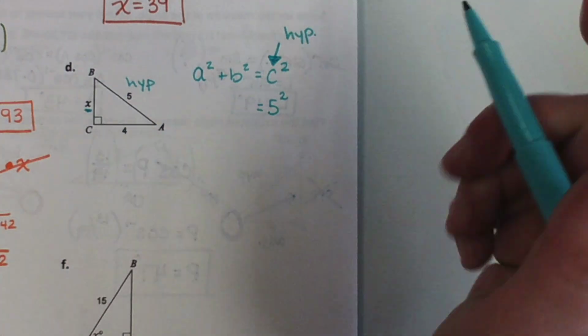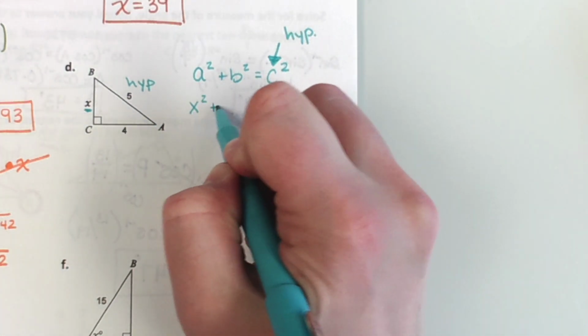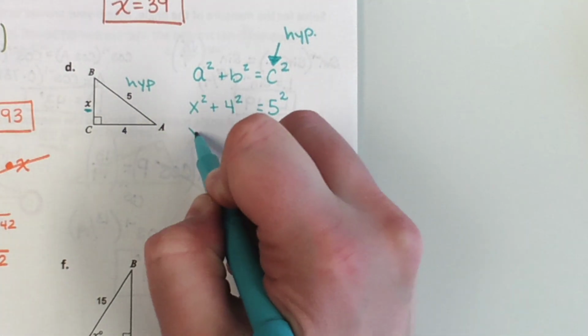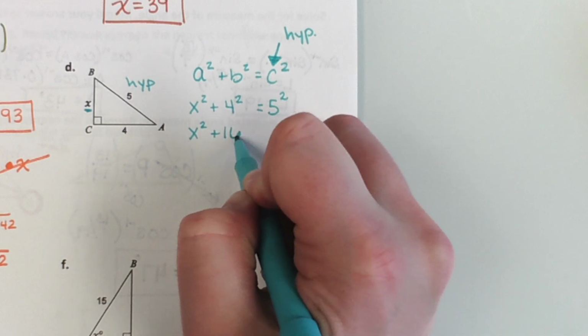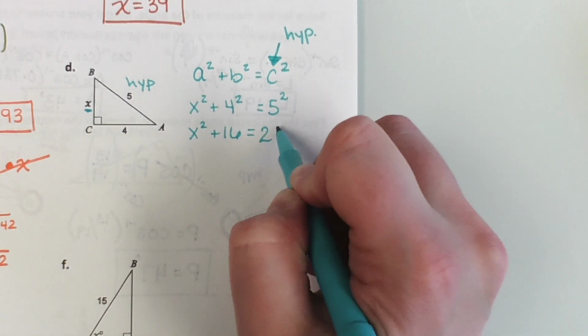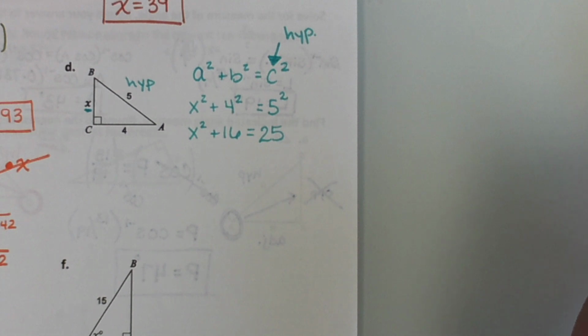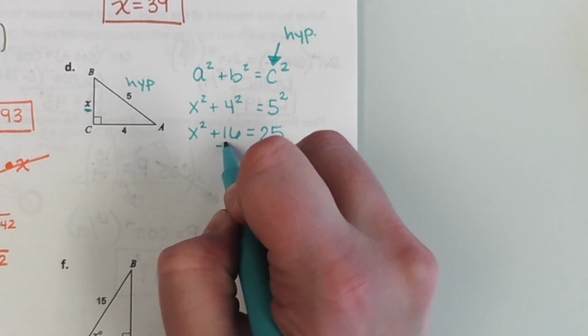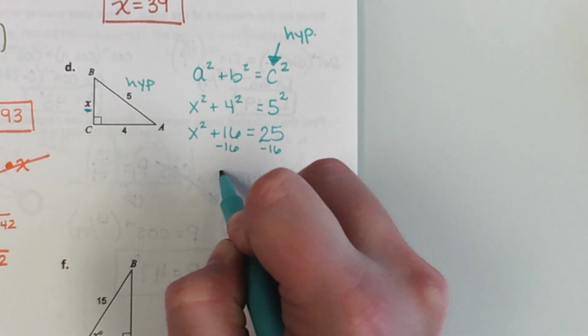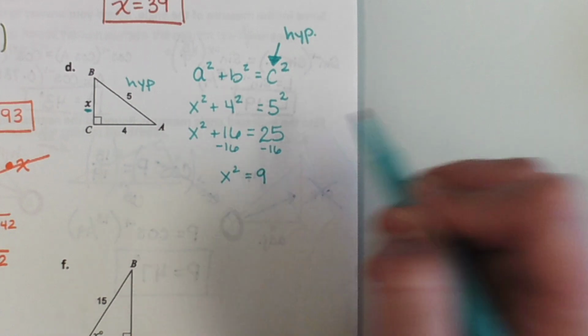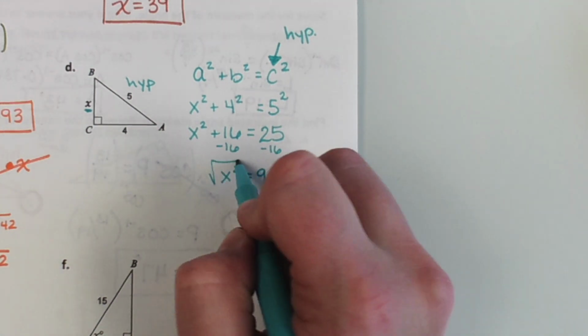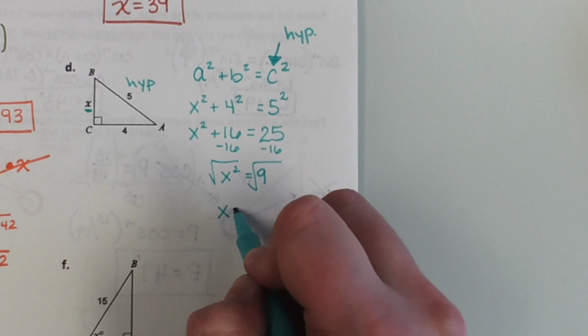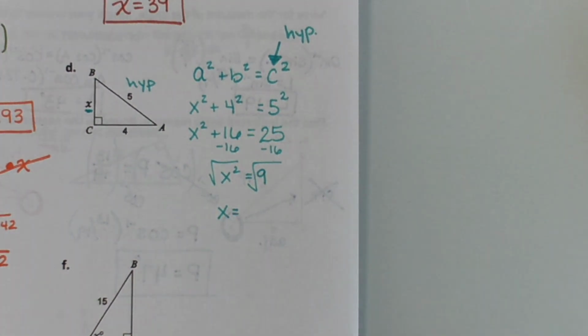The other 2 are just the other 2 squared. I'll do x squared and 4 squared. I square things first. 4 squared is 16. 5 squared is 25. If I want to get x squared alone, subtract 16. X squared equals 9. To get rid of a squared, I take the square root. Now, this is a side length, so I round to the nearest hundredth.